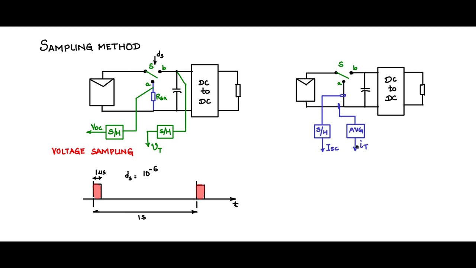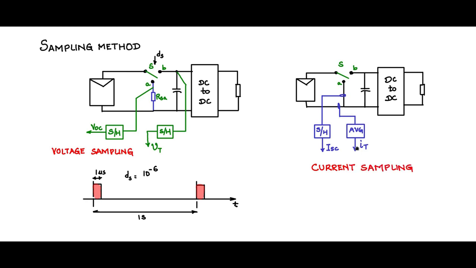So when you pass it through an averager, it will average out that 1 microsecond of unnatural short circuit current that will flow through this. So you will effectively get IT, because the duty cycle is very low, and the majority of the time what is flowing here will be the IT average. So this is called the current sampling method.